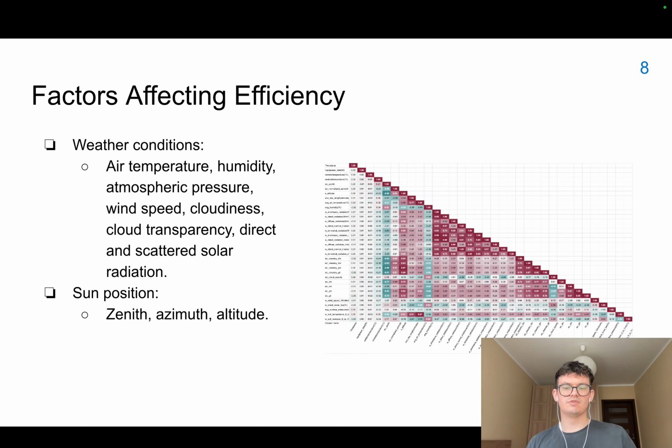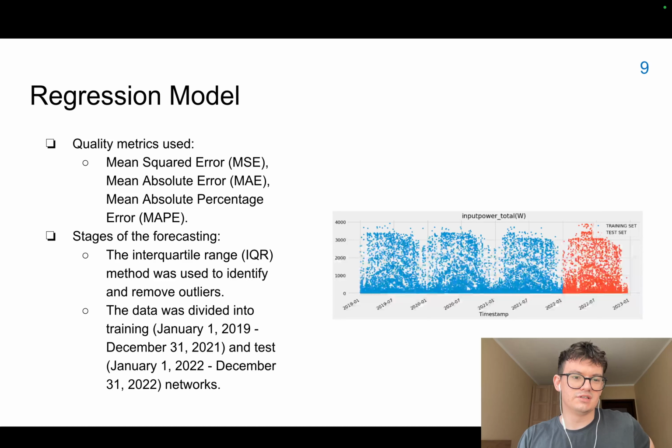To check this hypothesis, we built a correlation matrix that shows the correlation between the variables and between the weather variables and solar power plant efficiency.